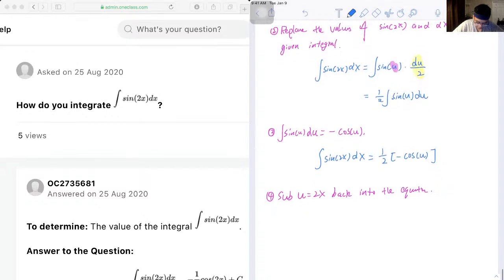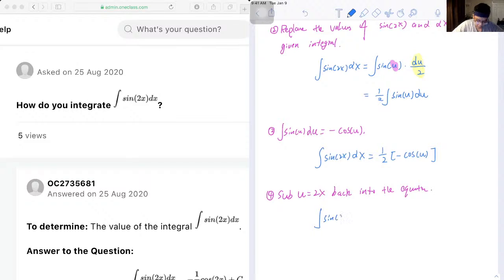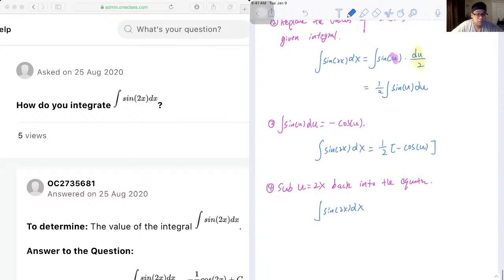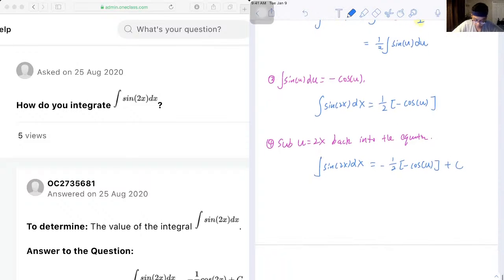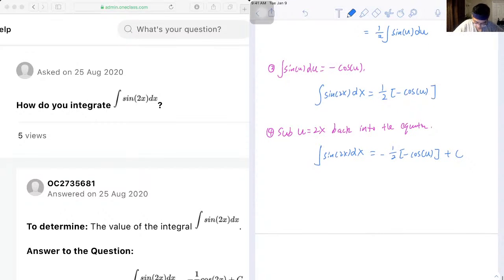So we will have integral sine 2x dx is equal to 1 over 2 negative cosine u plus c, where c is just the constant, and oops, there should be no negative.